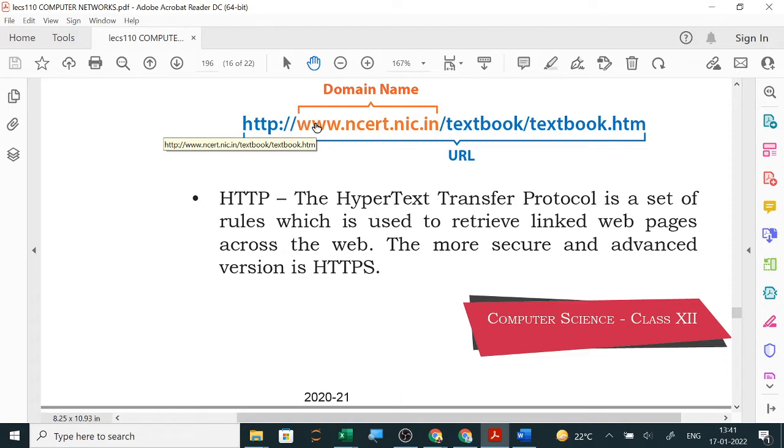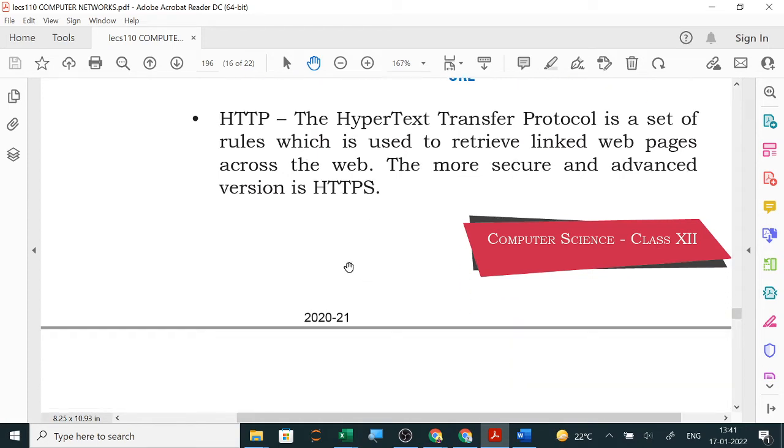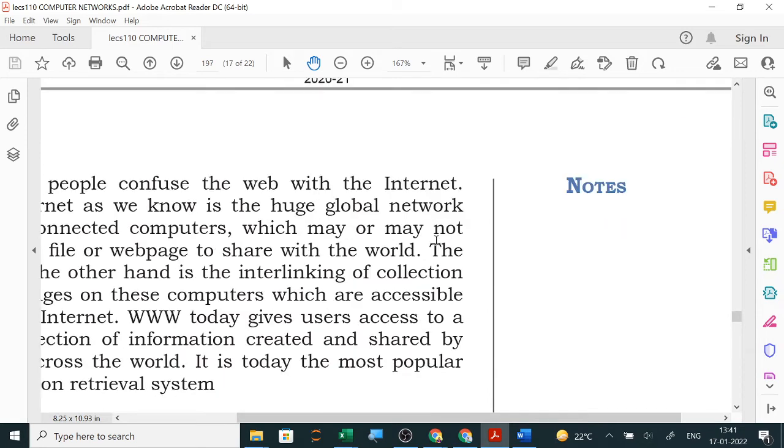Now, when I am using the web, it is opening a new web page. So these are linked with each other. The links are called hyperlinks. The more secure and advanced version is HTTPS. These days while using bank accounts and all, we are using HTTPS because it is more secure.